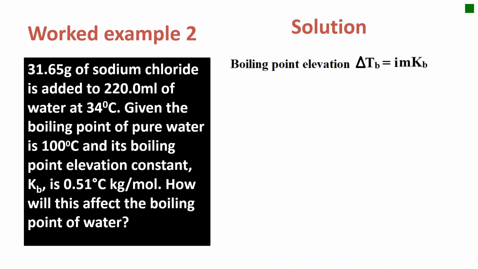The boiling point elevation is found by taking the Van 't Hoff factor times molarity times Kb.